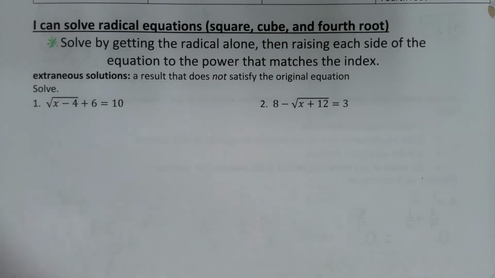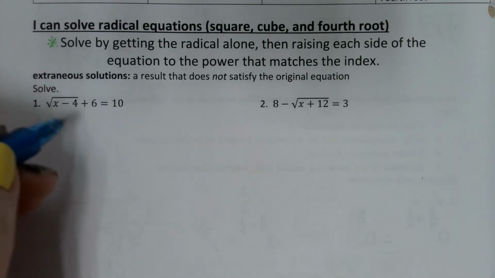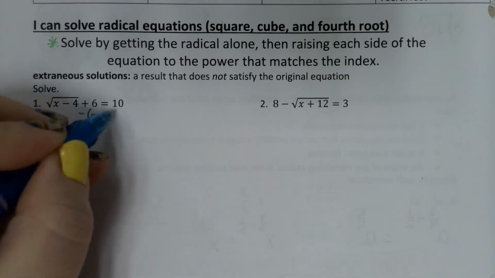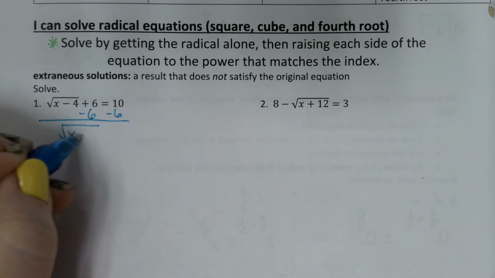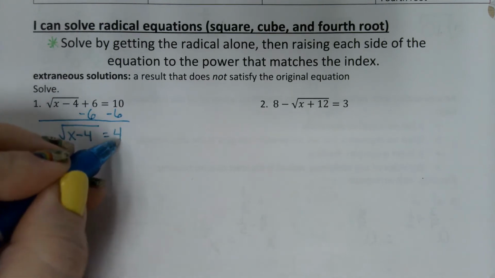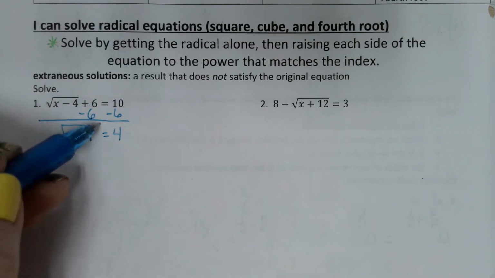So we're going to subtract 6 from both sides, leaving us with the square root of x minus 4 equals 4. Then we're going to square both sides.